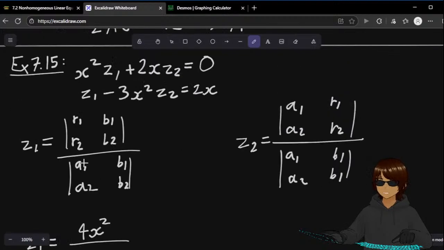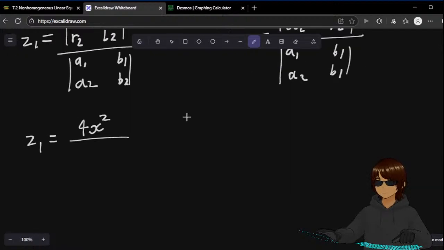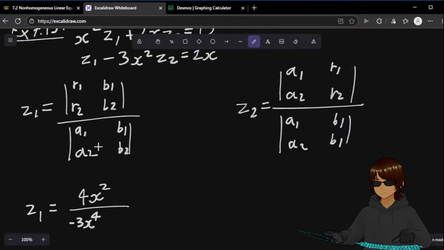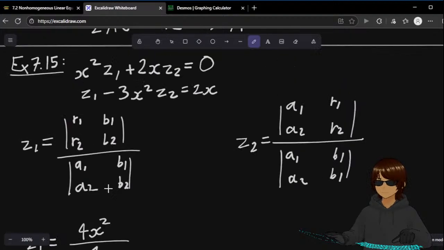Now A1 B2 minus 3x to the power of 4, minus it with these two.